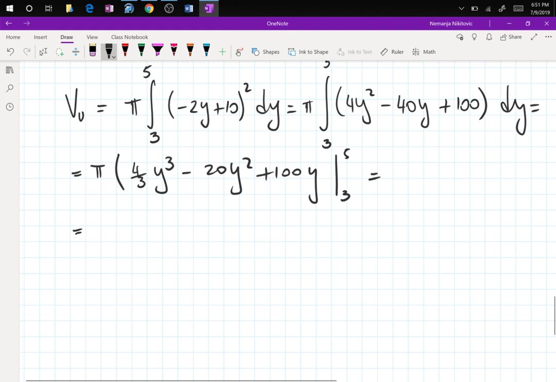This is equal to, you plug in 5 first, so you get 125. 125 times 4 is 500 over 3. Minus 25 times 20, it's 500. And then plus 500. Okay, that's convenient.